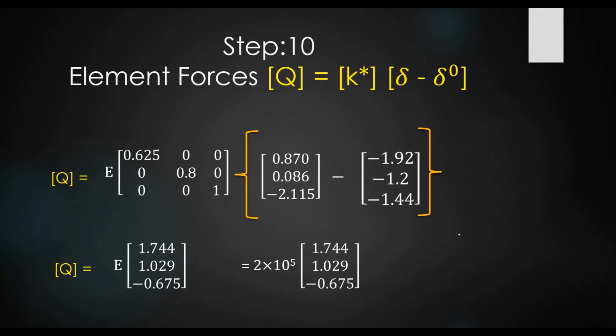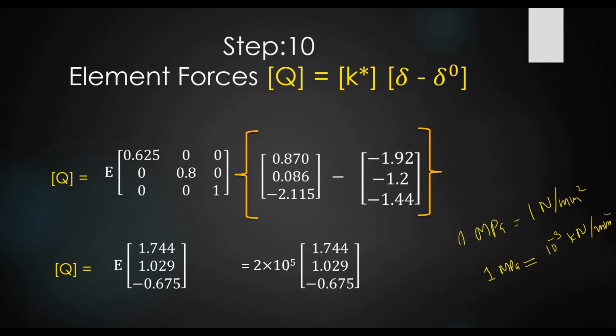1 megapascal is equal to 1 Newton per mm square. So in order to make it kilonewton per mm square, we can write 1 megapascal is equal to 10 raised to minus 3 kilonewton per mm square. Okay.